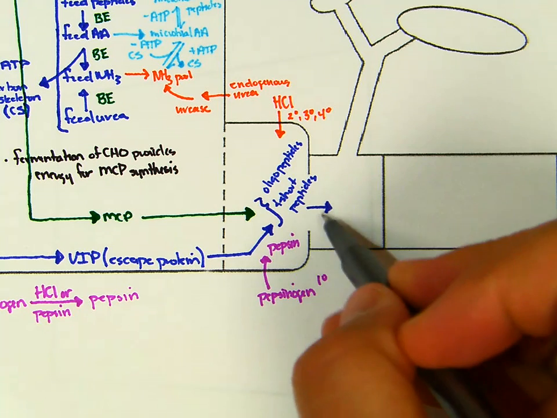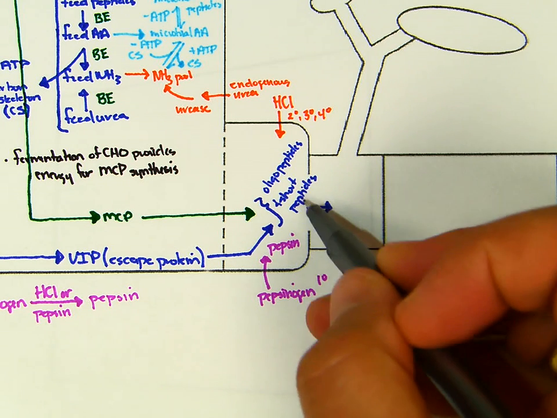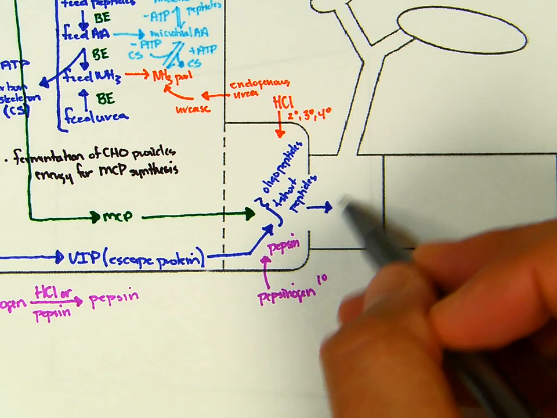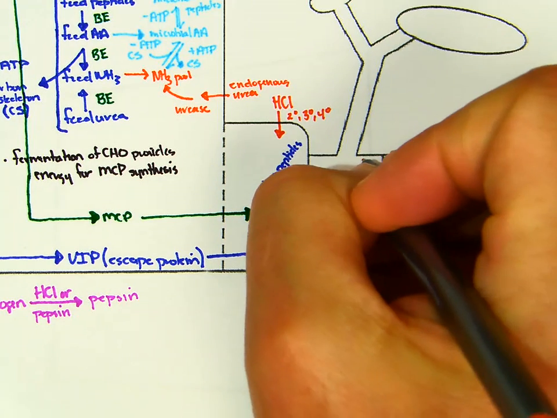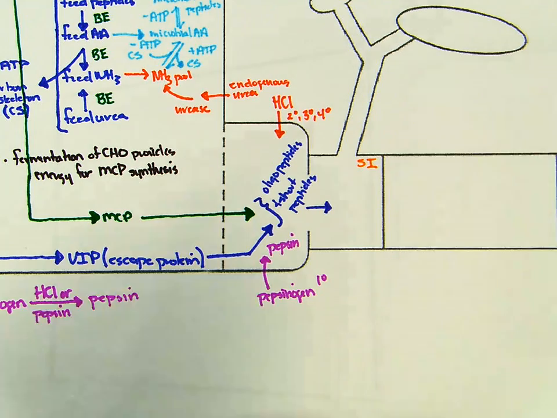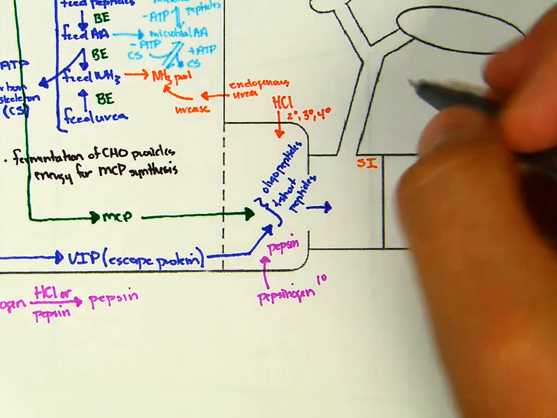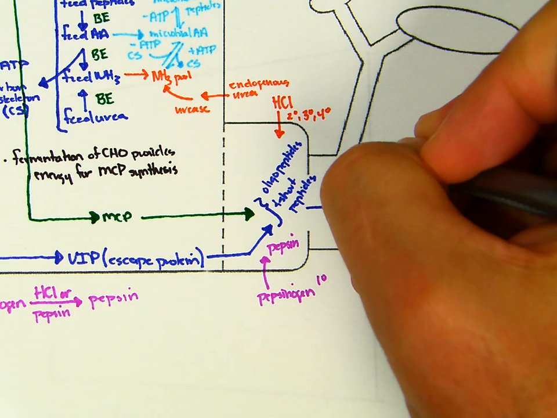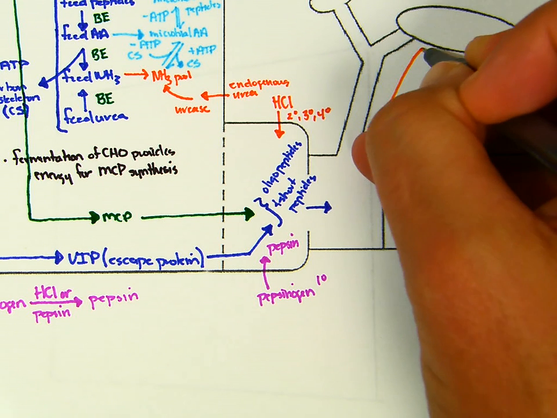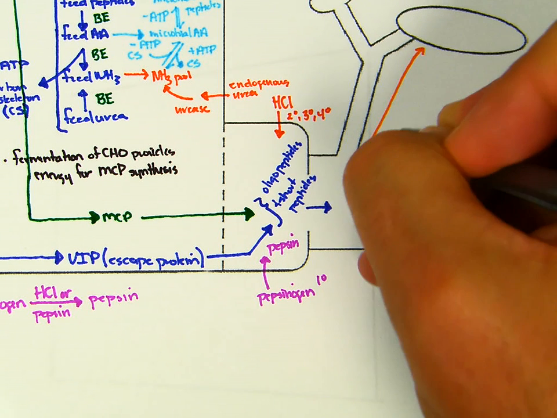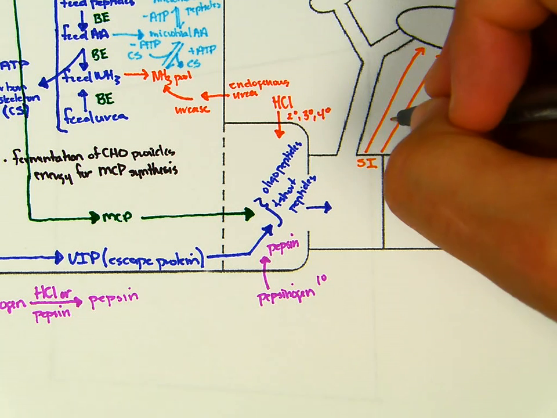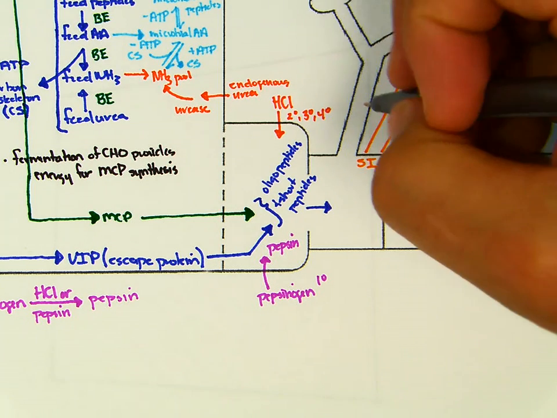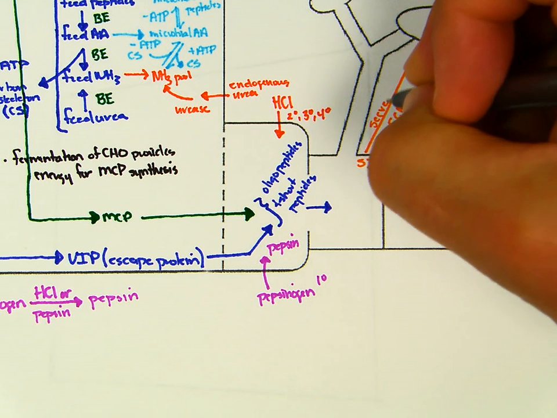So we have the products of protein digestion, which would be oligopeptides, short peptides, and then acidified digesta, which is going to act on two cell types, the S cells and the I cells, which are both located in the proximal duodenum, and they are going to produce two products. I cells will produce CCK, and S cells will produce secretin.